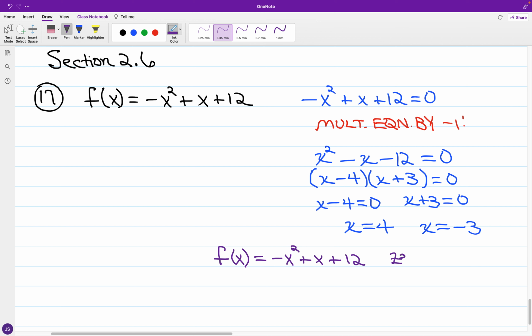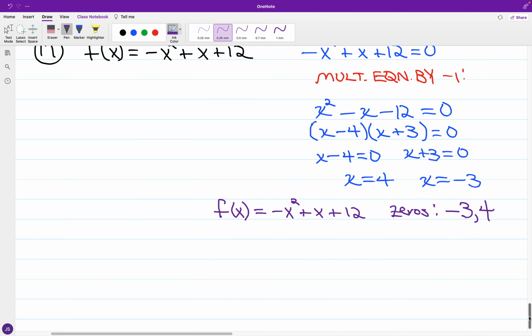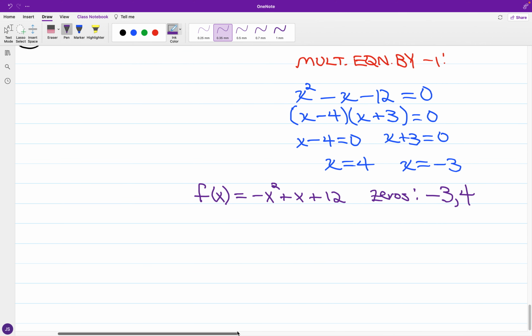Now, in the case of the zeros, you got the zeros with 4 and -3, and it doesn't matter what order you place them, but if I'm looking at setting up a table like earlier, I'm just going to arrange these in increasing order. So this is our function, these are the zeros, and setting up a table like what we had just moments ago.